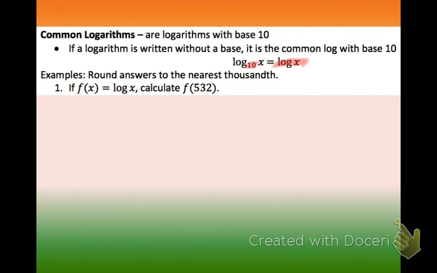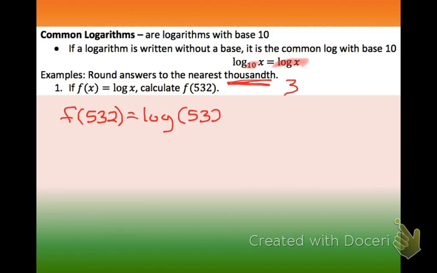So we want to round answers to the nearest thousandth. So thousandth is going to be 3 decimal places. So what you actually do here is we're taking f of x, so we want f of 532. So that's going to be log of 532. And now this is one that you can actually put right into your calculator.